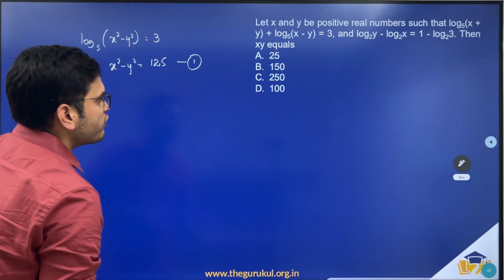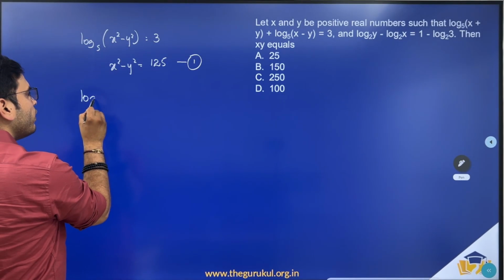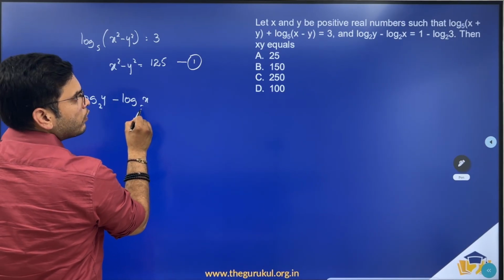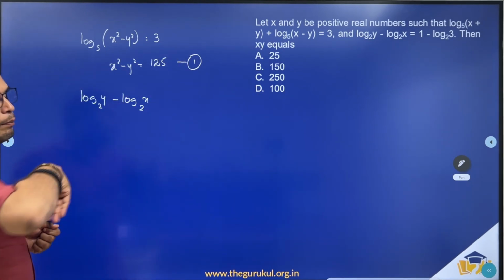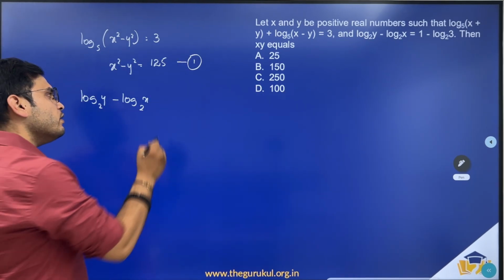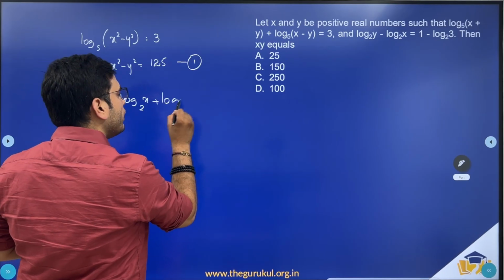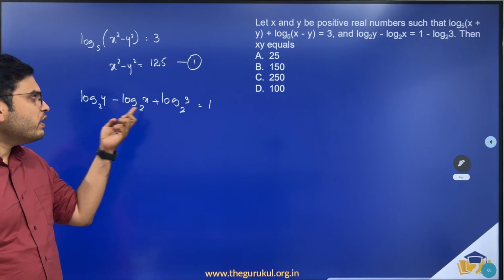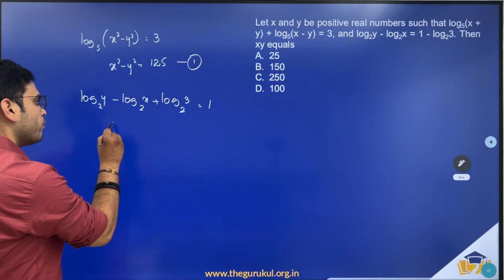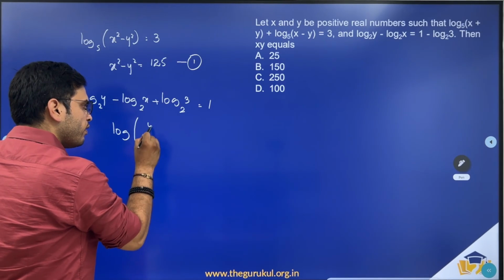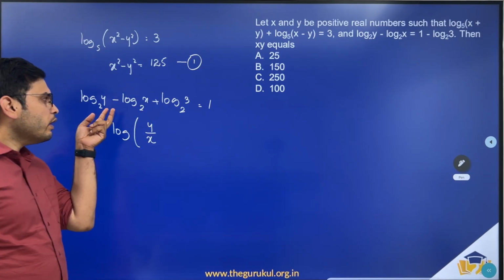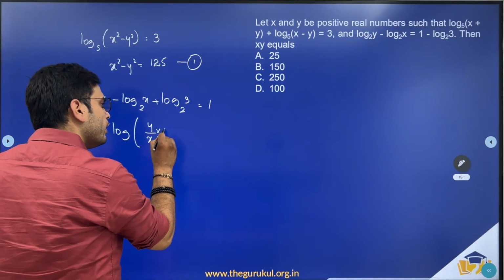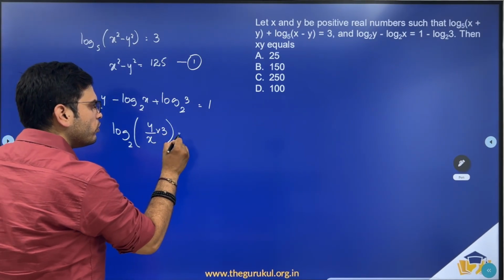Now from the second equation, we have log base 2 of y minus log base 2 of x. Let me bring this log 3 base 2 to the left hand side, plus log 3 base 2 is equal to 1. Now log y minus log x will be log y by x. Now log a plus log 3 will be log of a into 3, base 2, is equal to 1.